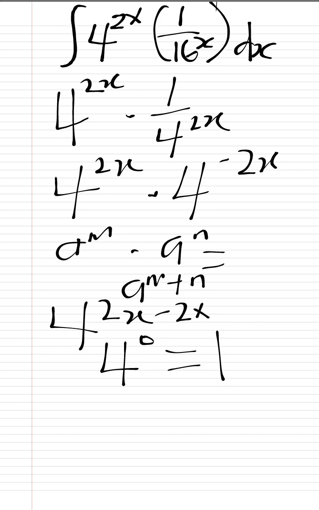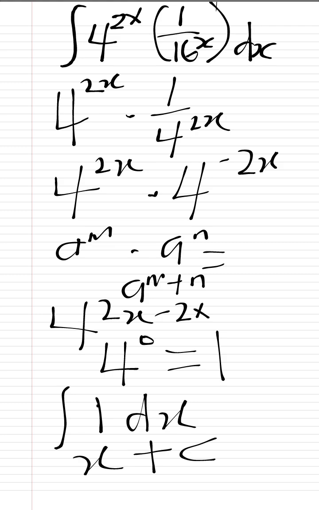Therefore, our integral now becomes the integral of 1 dx. So we are integrating 1 dx, and remember this is an indefinite integral. So we are getting what? x plus c. That is our final answer.